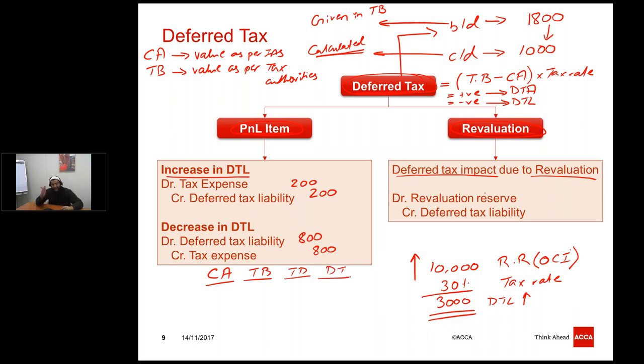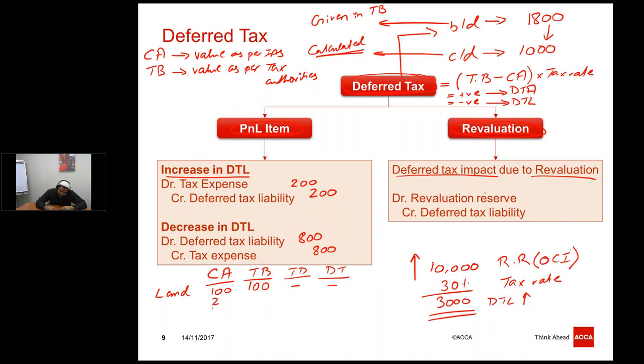These are 4 columns. Now, for example, I have purchased the land for $100 million, and the tax authorities agree that we purchased it for $100 million. So there is no temporary difference and no deferred tax initially.